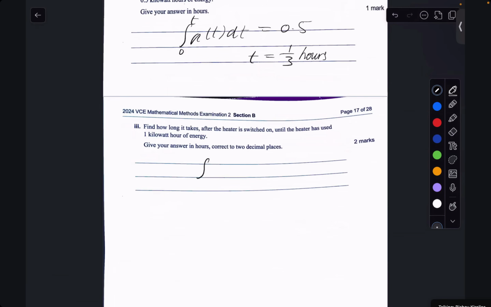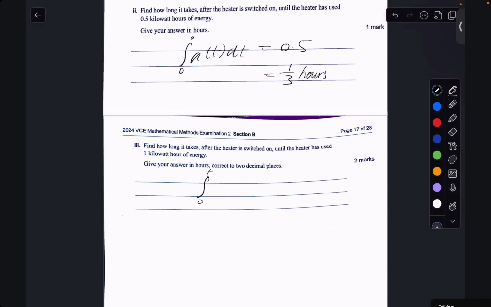Okay, so that's just the integral from 0 up until t. I shouldn't use t here because t is the variable. 1 kilowatt hour.